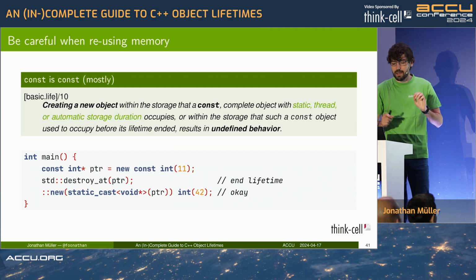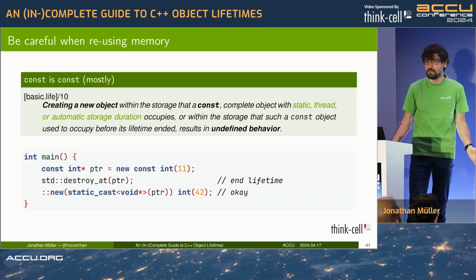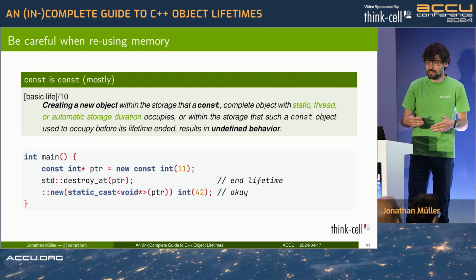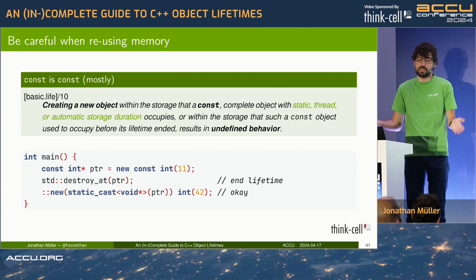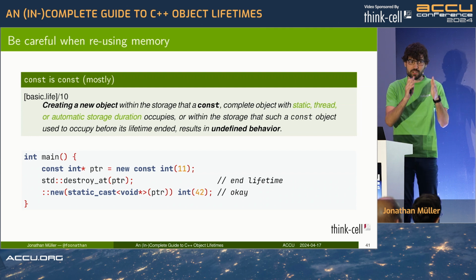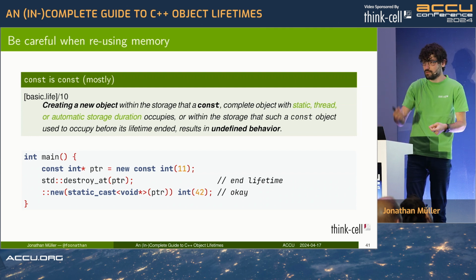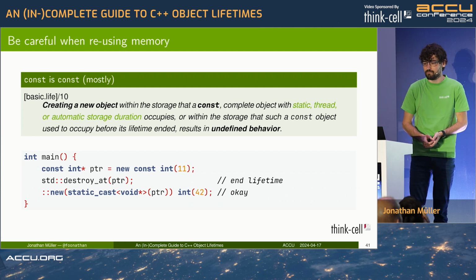Mostly. Because when we've got a const int heap object, that doesn't matter. Then we're allowed to do it, because for objects on the heap, const doesn't matter. They're never really const. So we can just do that in this case. But when we've got an automatic variable or a static variable, we cannot reuse their memory for a different object, because that would mean that const objects are no longer const.